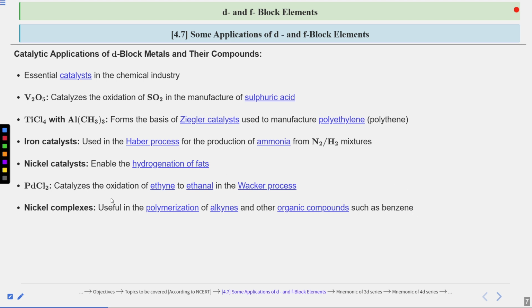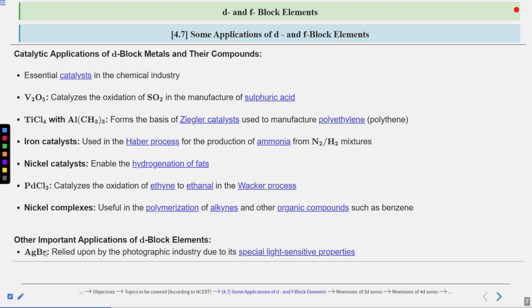We use nickel complexes as a catalyst to increase the rate of this polymerization reaction. So these are the catalytic applications of D block metals and their compounds in various processes in the chemical industry.